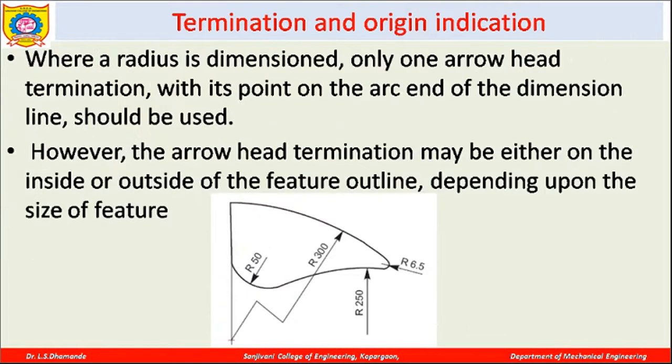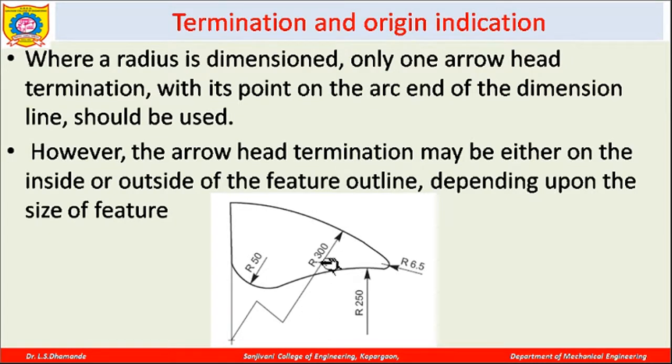Now we will see the termination for dimensions which are curved. Where a radius is dimensioned, only one arrowhead termination with its point on the arc end of the dimension line should be used. You can see here such an arc, so you can show this arrow like this over this particular arc. Similarly here on this side you can see R300 specified.